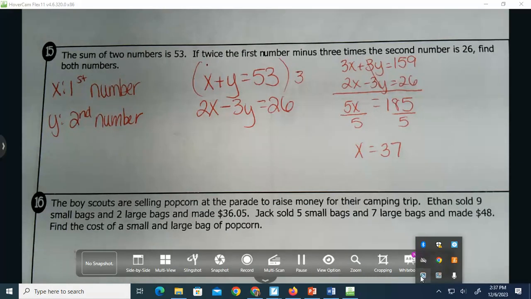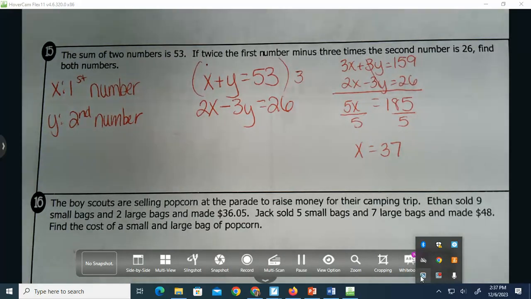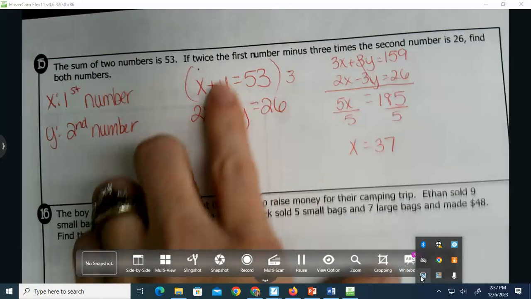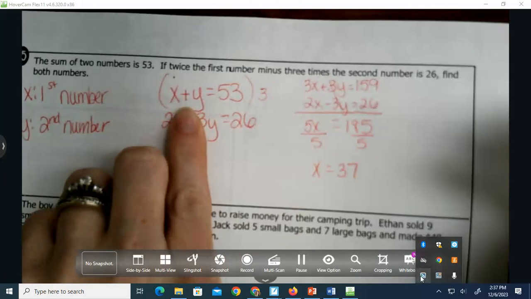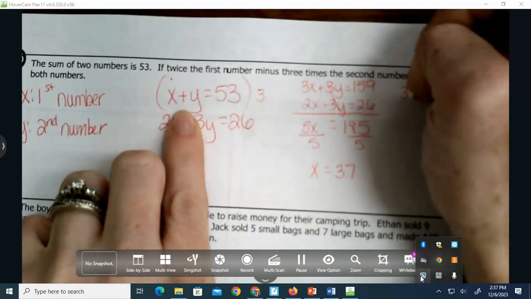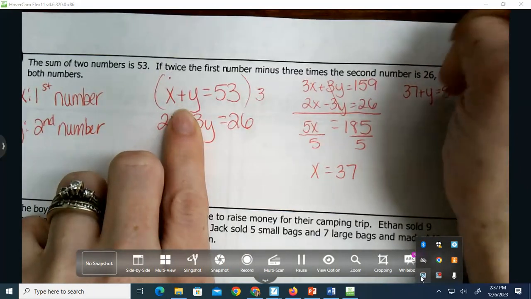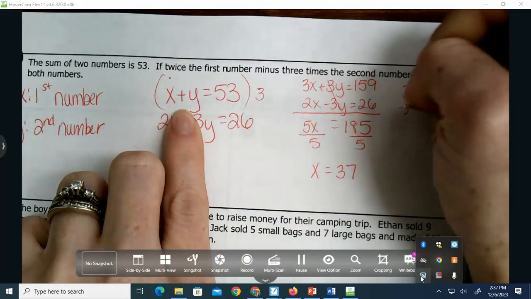Everybody should be following along now. I'm working this with me. What's the next step? Plug our x in so we can get the other variable. So, x plus y equals 53. So 37 plus y equals 53. Subtract the 37.